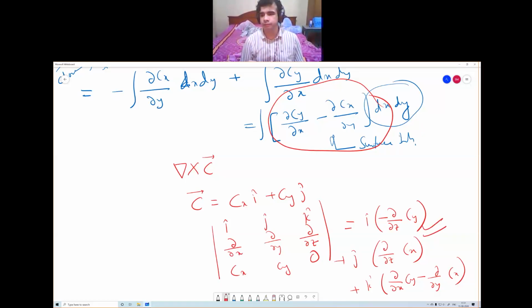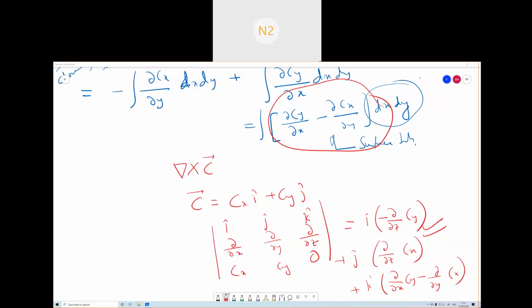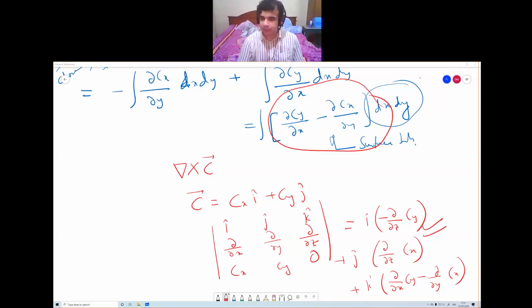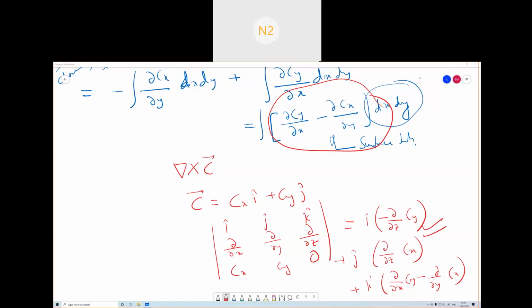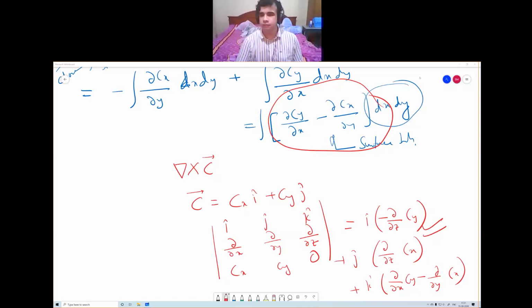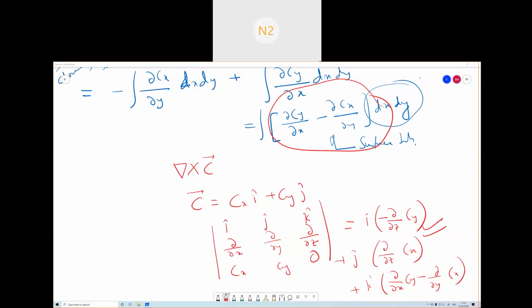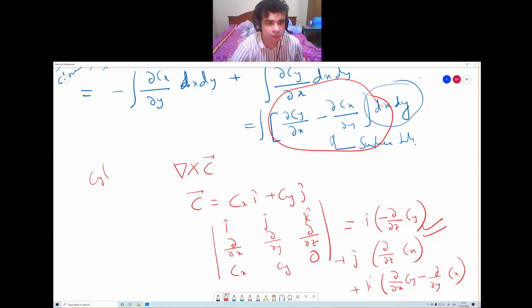What is this? Del z of Cy. What is this? The coefficient in the i direction. Okay, fine, agreed. But what is the value? Cy was a function of x and y.